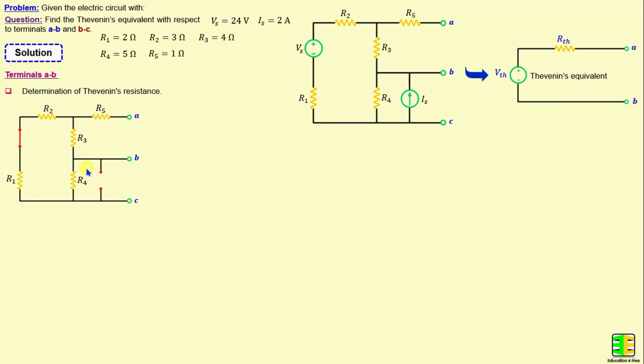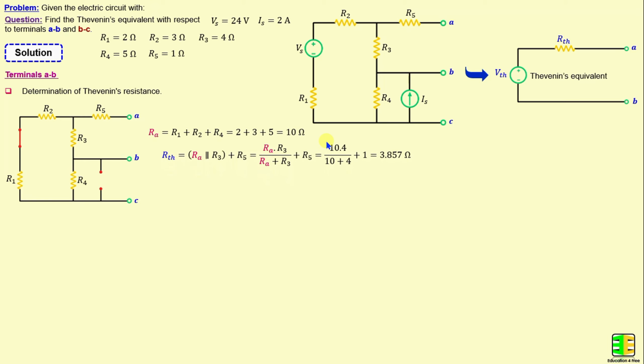The Thevenin resistance represents the equivalent resistance between terminals A and B. And I will consider RA is the series combination of R1, R2 and R4, which is equal to R1 plus R2 plus R4, and we get 10 ohms.